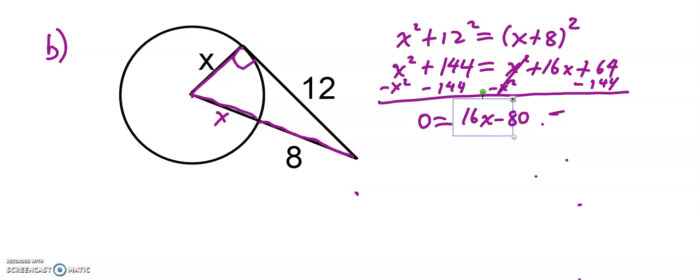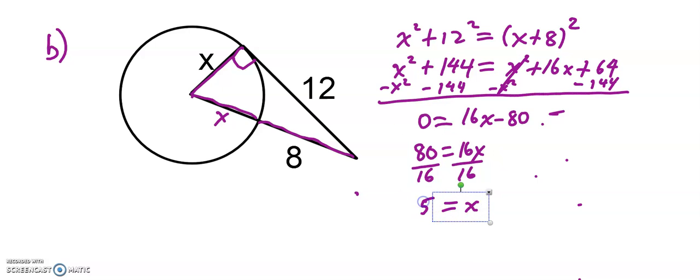So now I can just solve this as a linear equation. I can just add the 80 across, so I get 80 equals 16x. Dividing both sides by 16, I would get x equals 5. So the length of that radius must be 5.